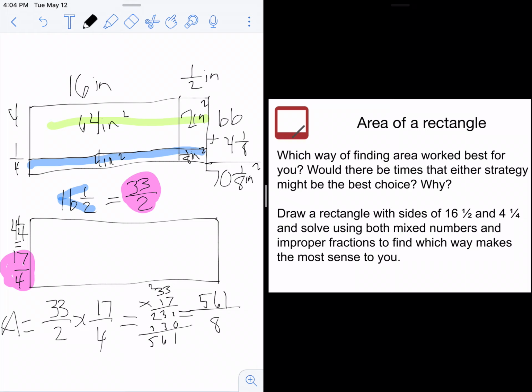So 561 eighths. 8 goes into 561 how many times? It's really hard to do in your head, so then you have to go division. I'm going to move this down.